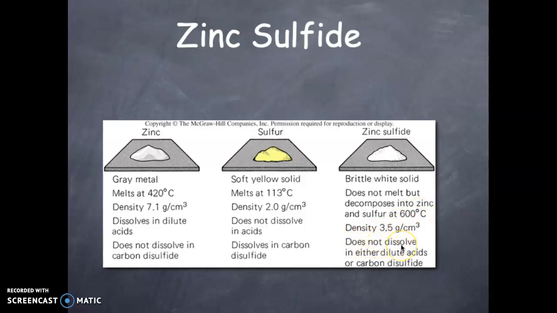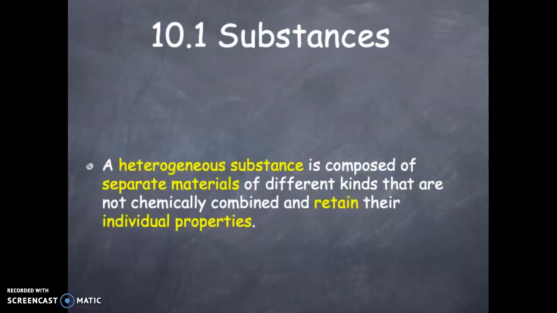It does not dissolve in either dilute acid or carbon disulfide. So the three entities here are different. Although the third is a combination, a chemical combination, I might add, of the first two, it is different than the first two.